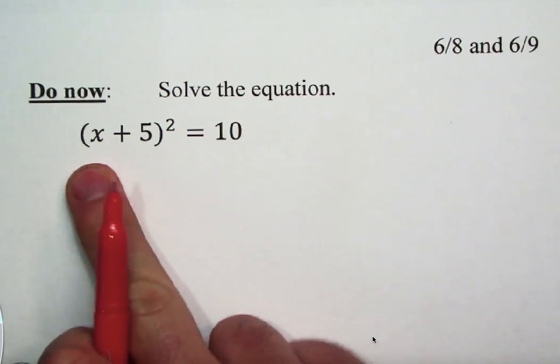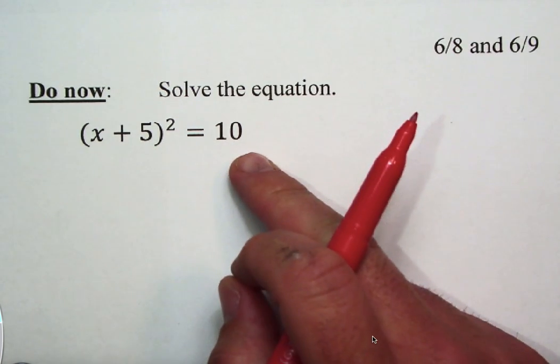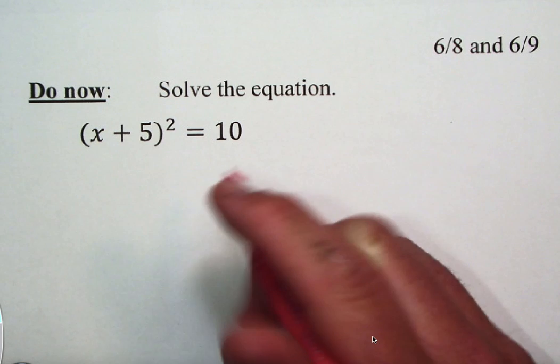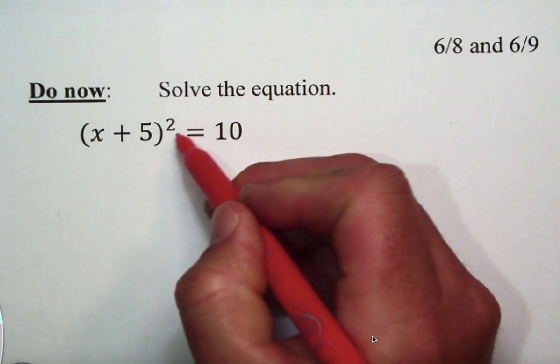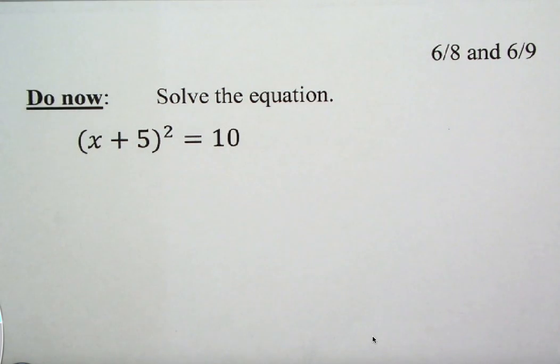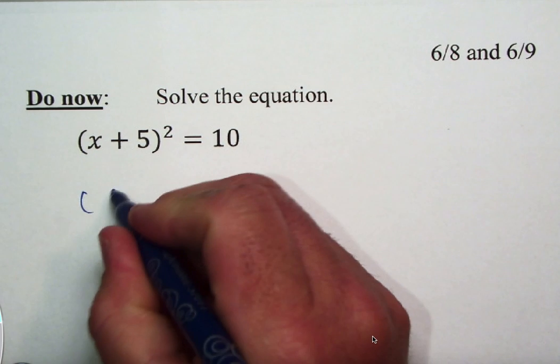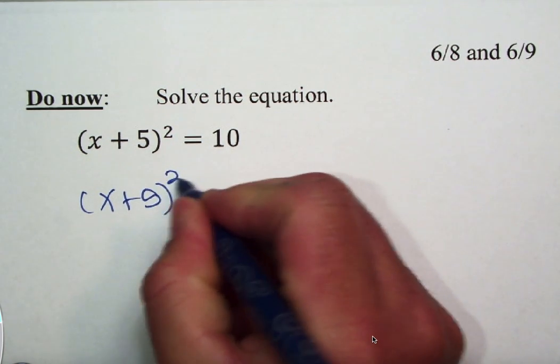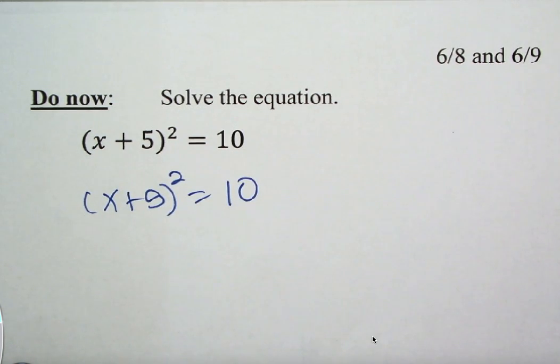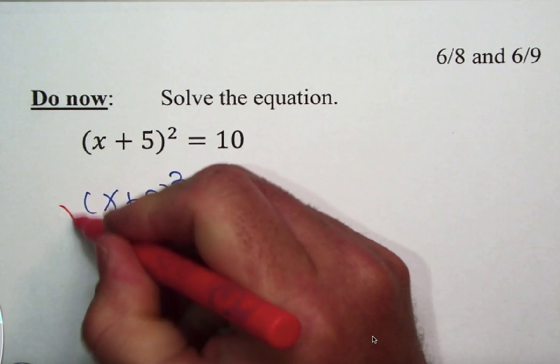Okay, so if x plus 5 squared equals 10, we're not going to factor. We know that we can do an operation to undo this square: take the square root of both sides.